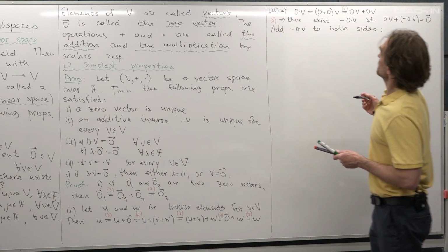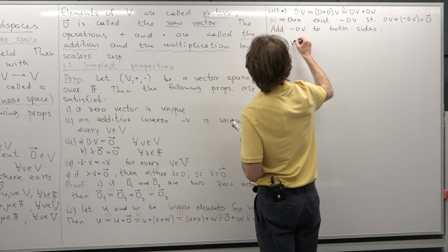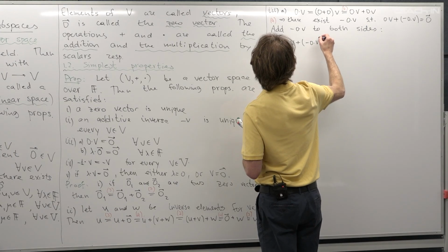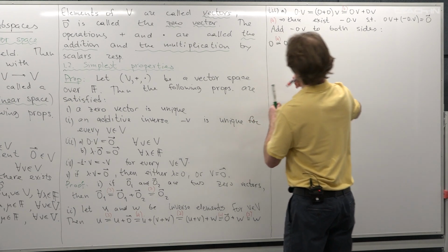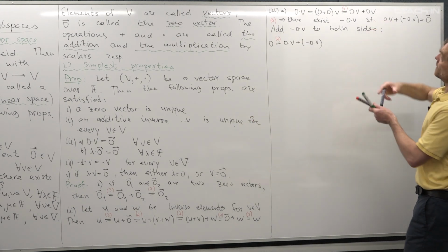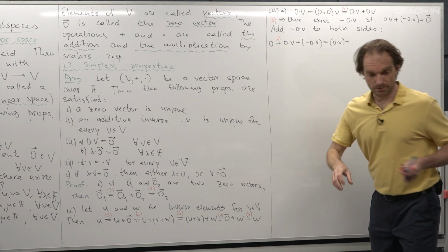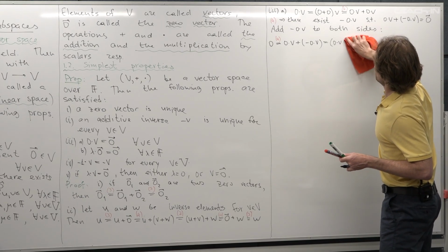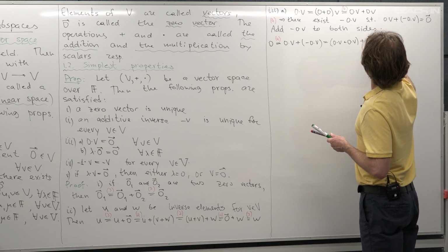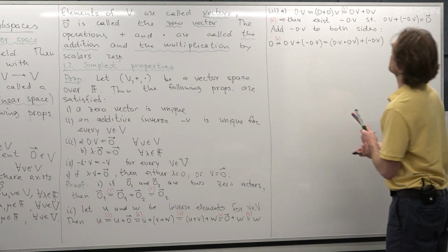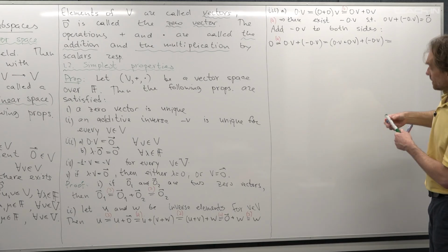So what are we going to get? We're going to get 0 equals 0 multiplied by V plus minus 0 multiplied by V. This follows from property number 4. And so here we have 0 multiplied by V plus 0 multiplied by V plus another 0 multiplied by V plus minus 0 multiplied by V. And then I'm going to use the associativity property, which is number 2.